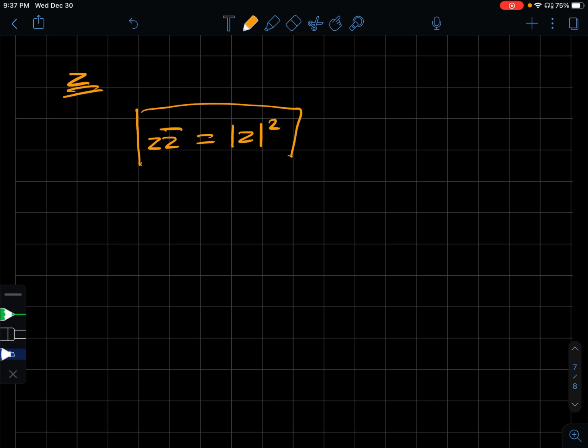This identity is probably the most important identity in all of complex numbers to remember. This can come in so handy when solving problems and when you're simply trying to do anything on the complex plane.